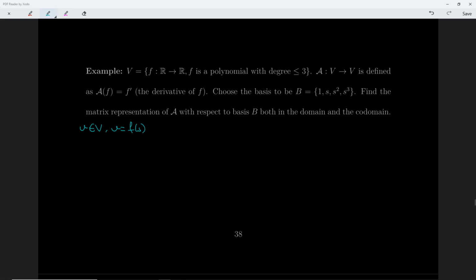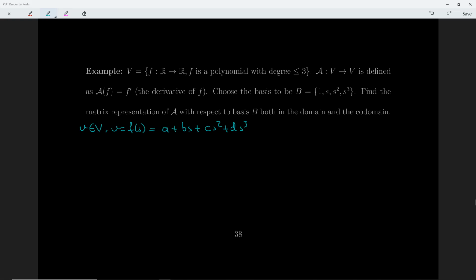Since that's a polynomial with degree less than or equal to 3, I can express this polynomial as a plus bs plus cs square plus ds cube for some coefficients a, b, c, d, right?